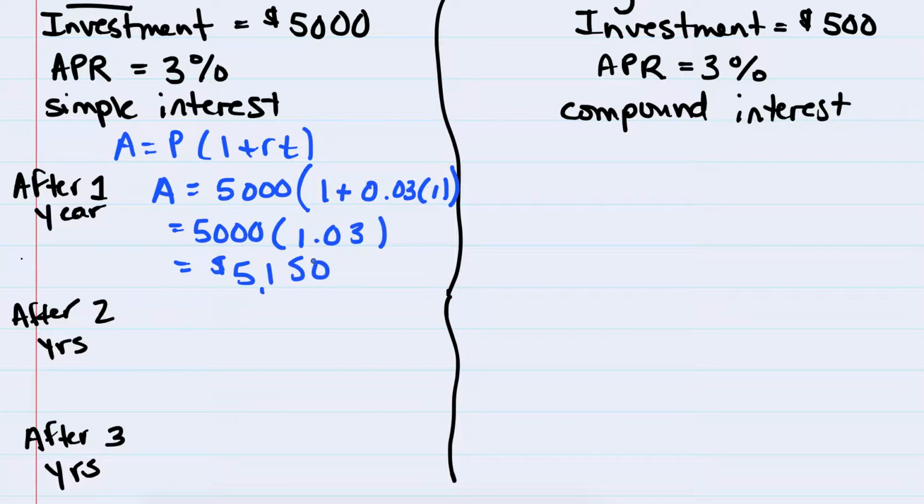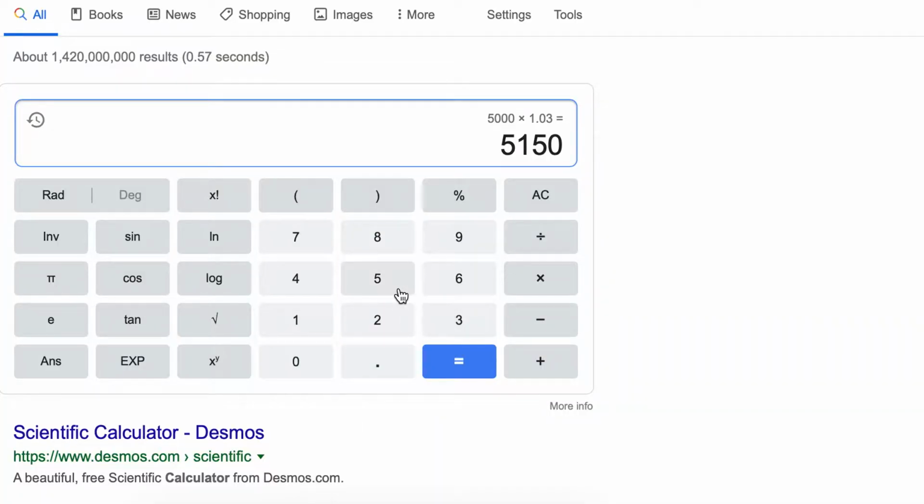So let's write that. So what's happened here? He has $5,000 in the account. That's what he invested. He's going to earn interest. The interest is 3%. So 5,000 times 0.03 is $150. So 3% interest, he's going to gain $150.